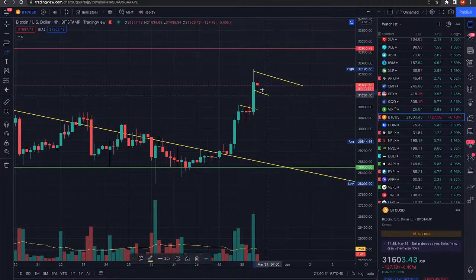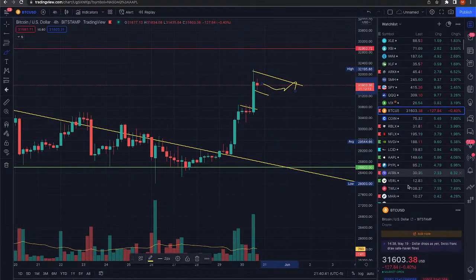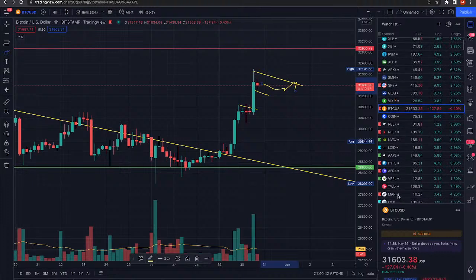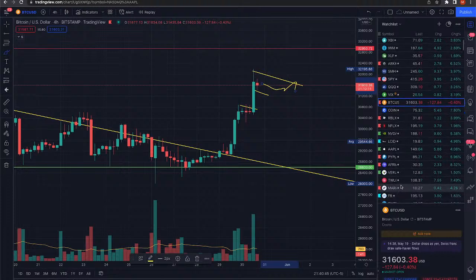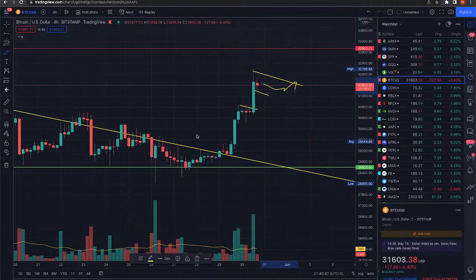If this is doing this little up and down sideways action, we'll get into either Coinbase or MARA. That'll be a good one because you can size in a lot of contracts since they're only $10. It's only $10 right now. So we'll just keep an eye on MARA, right?